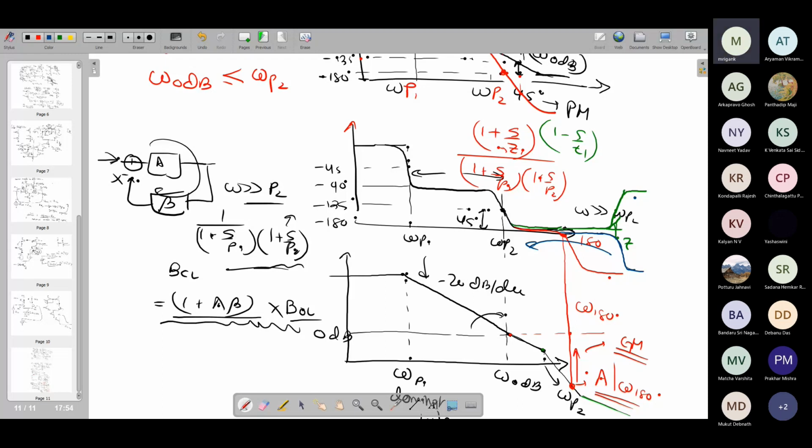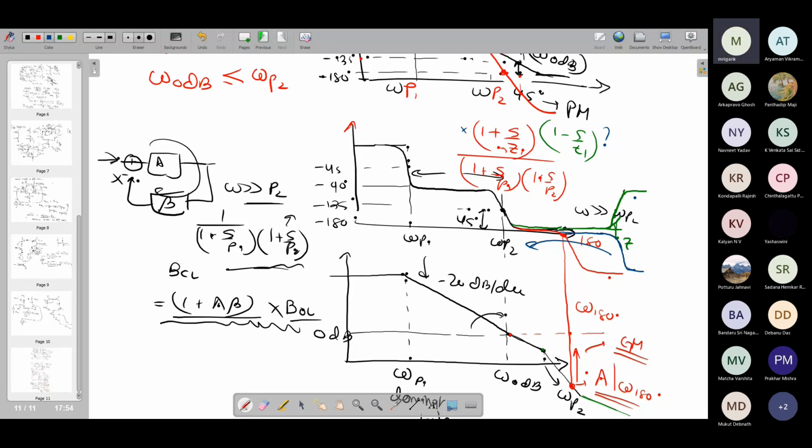So 1 minus s upon z1 is a dangerous factor, not so much the 1 plus s upon z1. So when the zero is much closer to omega p1 and omega p2, we need to look at the zero response as well for stability. Is that clear?